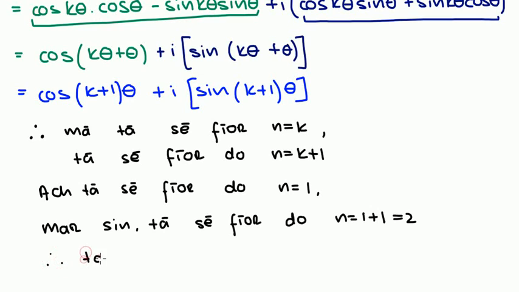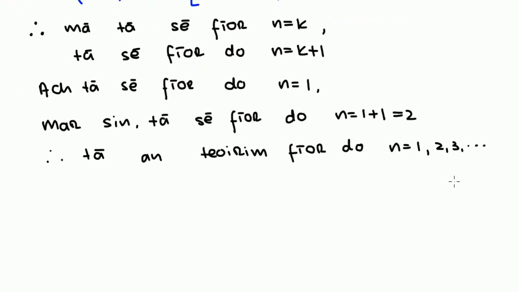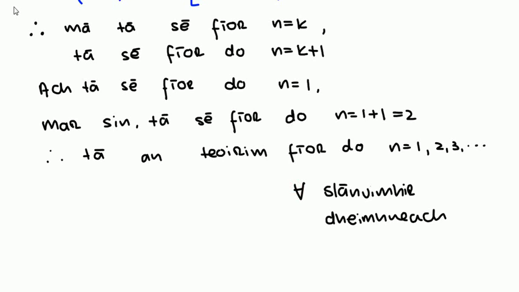So the theorem is true for n is equal to 1, 2, 3, continuing to infinity, so for all positive integers. And that's the proof of de Moivre's theorem done.